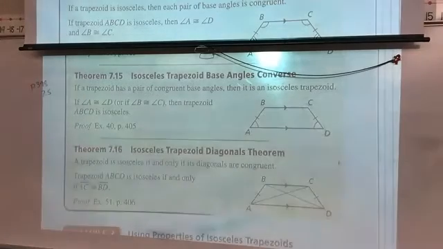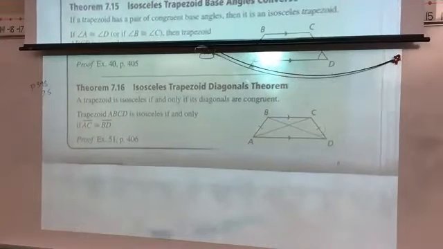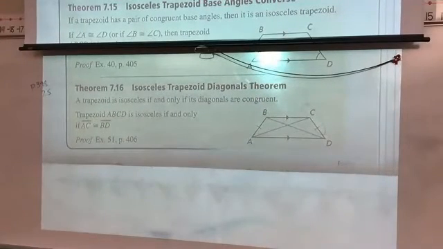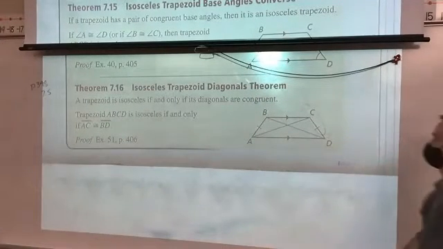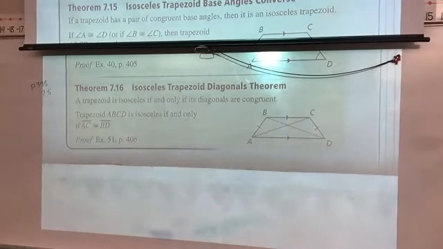All right, our third theorem here about isosceles trapezoids deals with, of course, diagonals, because that seems to be all that we talk about now, the diagonals of figures. A trapezoid is isosceles if and only if its diagonals are congruent.